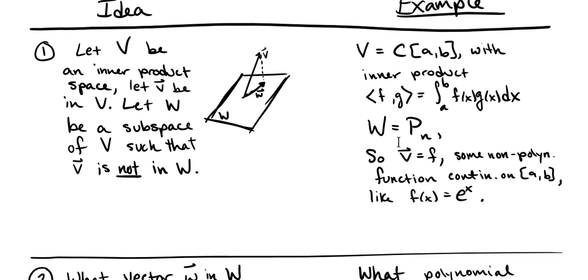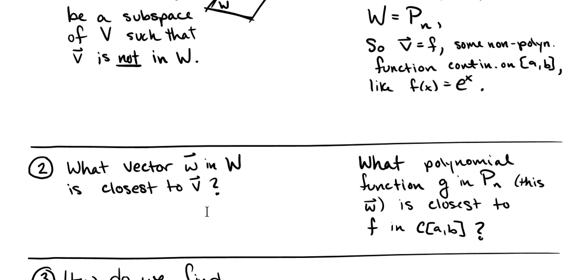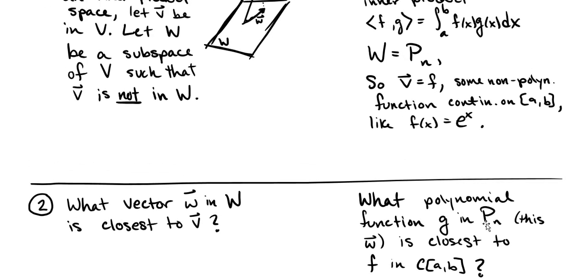For this example we've got running here, we're thinking of the bigger inner product space as being C[a, b], and the subspace within there being the space of polynomials. What we'd be asking, when we ask what vector W in the subspace is closest to V, is what polynomial in Pn is the closest to e to the x on this interval [a, b].